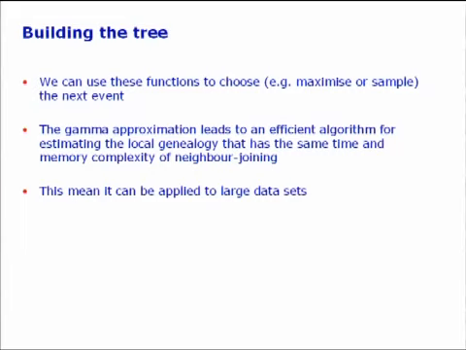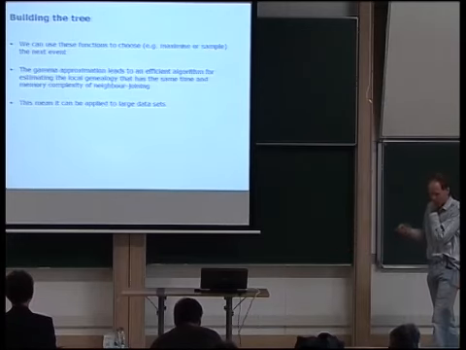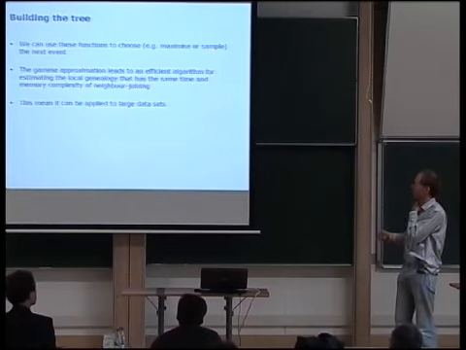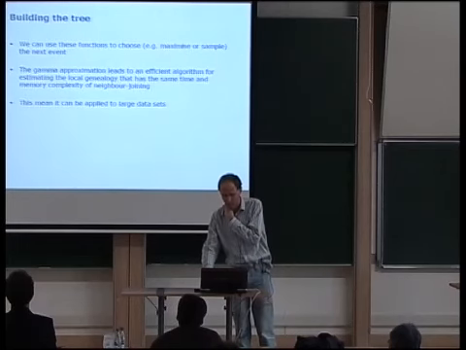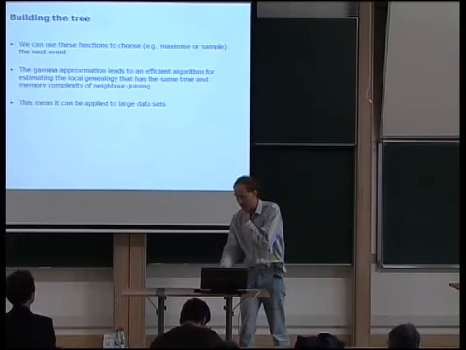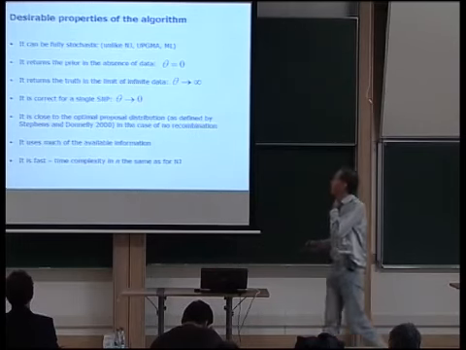And this is essentially where that gamma approximation comes in, because if you use this gamma approximation, this leads to a highly efficient algorithm for estimating or sampling the local genealogy that has the same time and memory complexity as neighbor joining. And we know that neighbor joining can be applied to massive data sets, and so this should be able to be applied to massive data sets too. Again, I'm really being motivated here by the notion that we want to apply these things to large data sets.